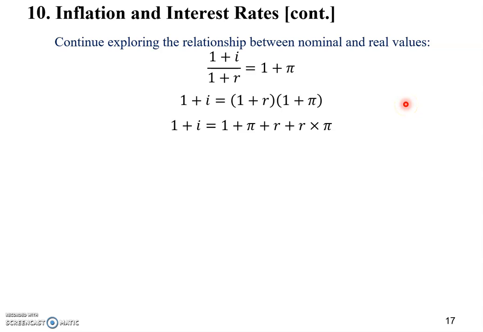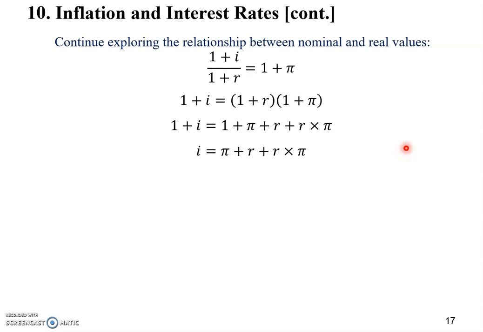Now, to simplify, we remove the number 1 because it appears on both sides of the equation. What's left over is nominal interest rate equals inflation plus real interest rate plus real interest rate times inflation.